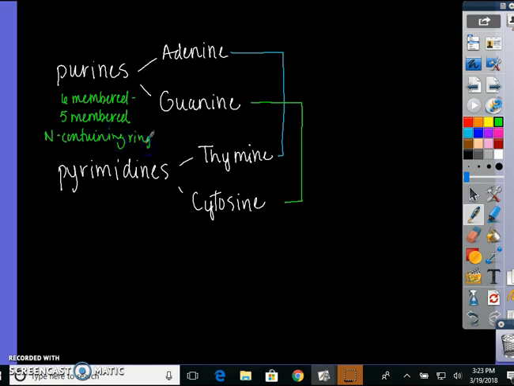There are two of them together. In the pyrimidines, they only have one ring, and it's a 6-membered nitrogen-containing ring. If you come across their structures, that might be easy for you to remember too. Pyrimidines just have one ring, and the purines are going to have two. That should have helped you figure out your adenine-thymine and cytosine-guanine bonds.